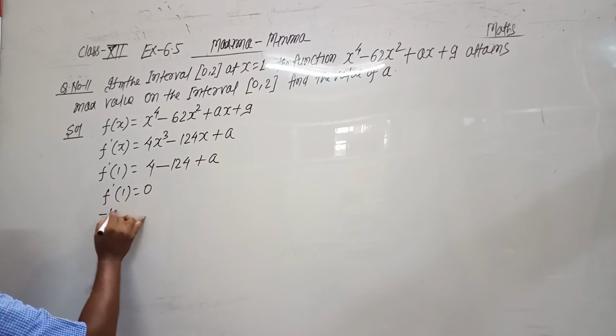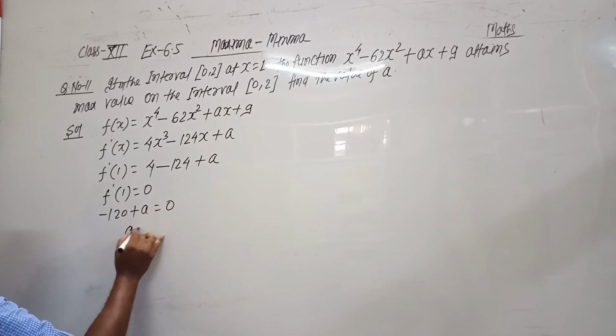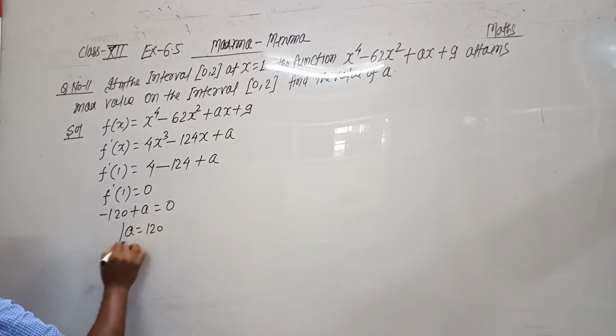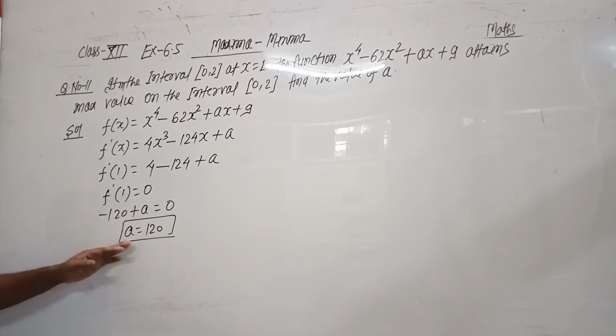So minus 120 plus a equals 0, and the value of a we get is 120. But now we have to prove that at a equals 120, the function has maximum value.